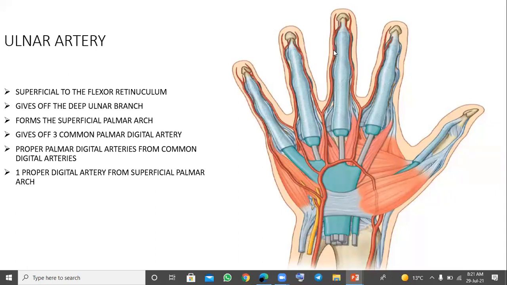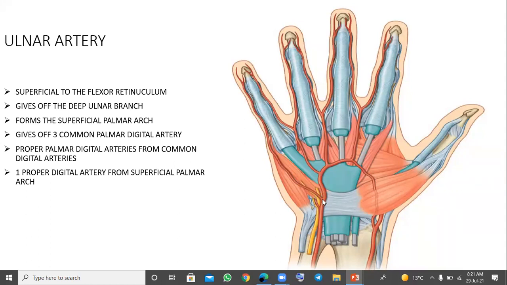Okay, so the proper palmar digital arteries are going to supply basically the digits. So there are 3 common palmar digital arteries, and from them you have the proper palmar digital arteries. Then you have one branch arising direct from the superficial palmar arch.